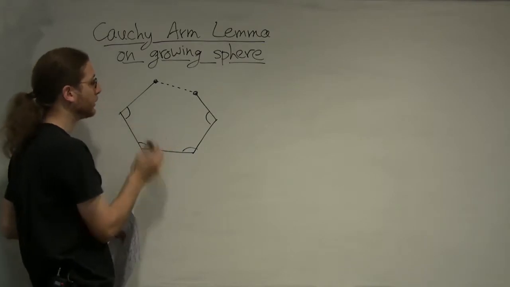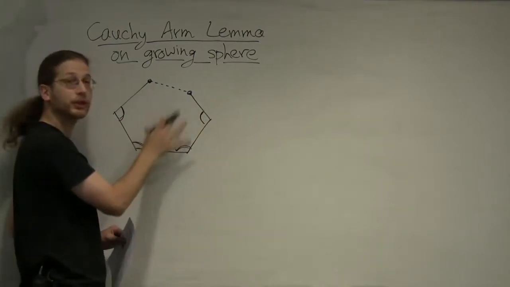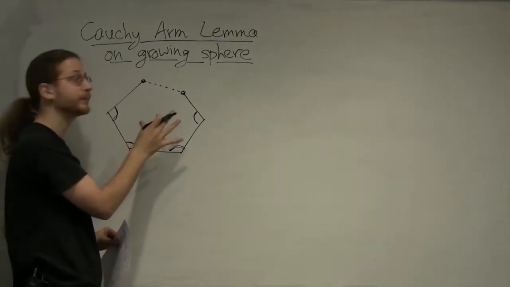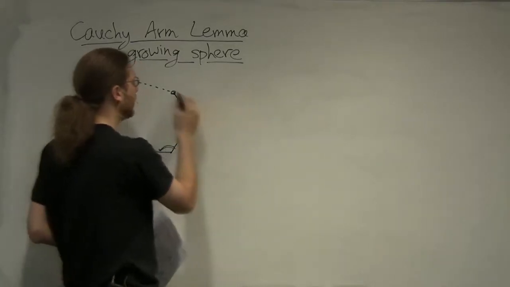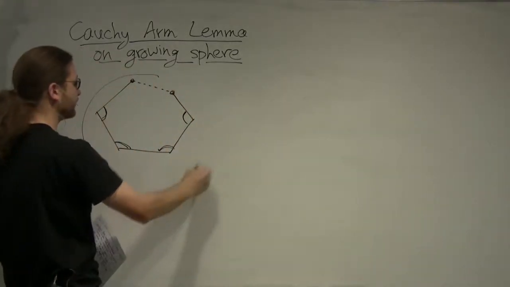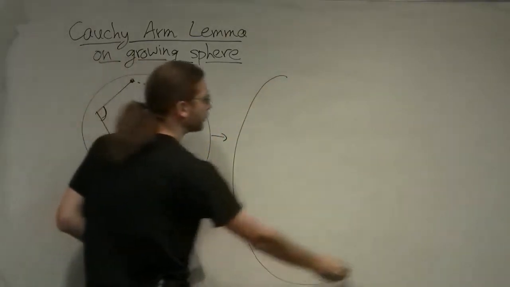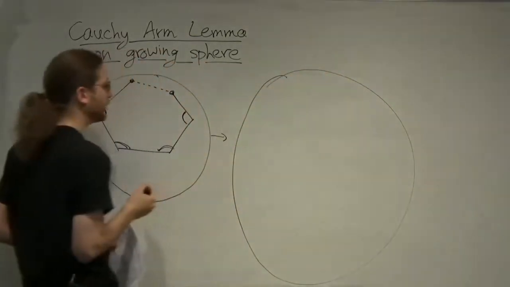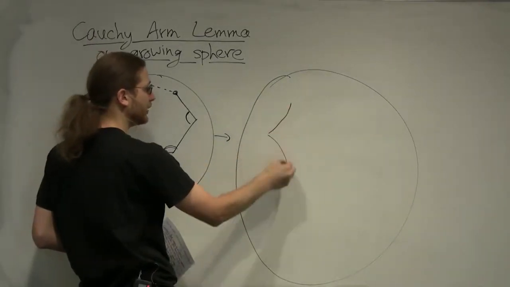But now I want to look at not growing the angles, but growing the sphere that the linkage lives on. So think of this in the spherical case, which we'll imagine this thing is on a sphere. And now I transform it by taking a larger sphere, larger radius, and drawing exactly the same edge lengths and angles.